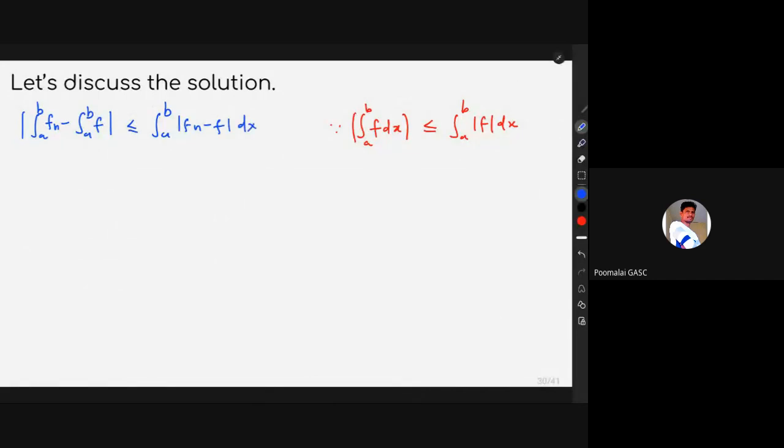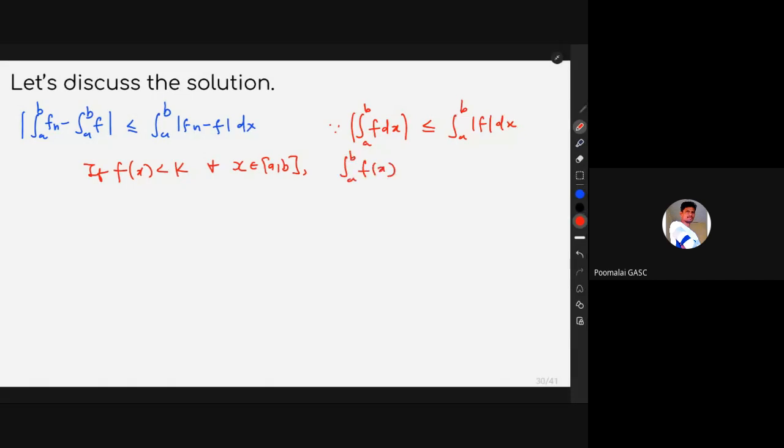Now if f is smaller than some quantity k, in particular f(x) is smaller than k for all x in [a,b], then the integral of f(x) will be smaller than the integral of k, and since k is constant, it will be just k times (b minus a).